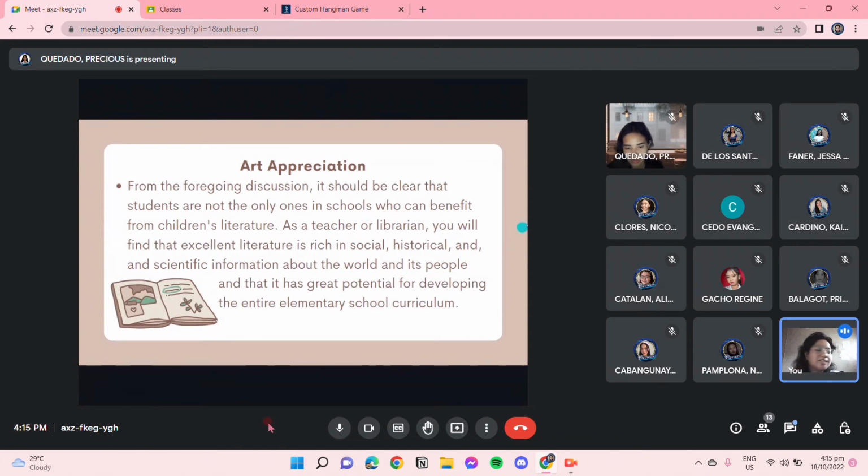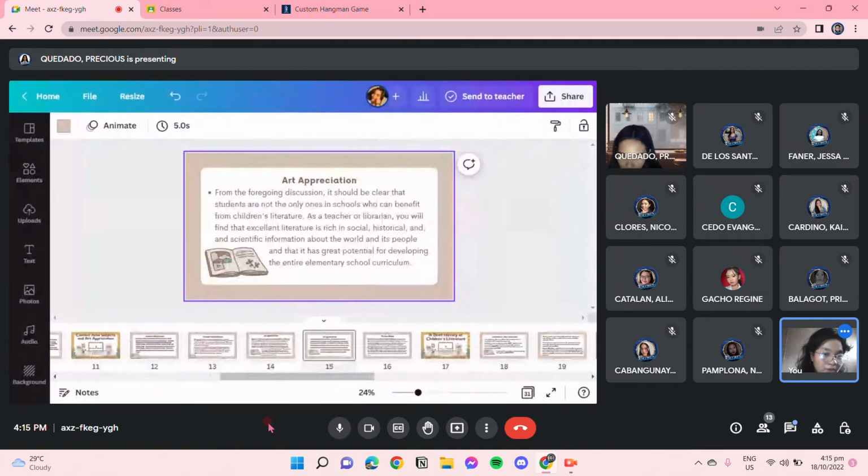It is literal. It is illustrated. Excellent literature is rich in social, historical, and scientific information about the world and its people, and has great potential for developing the entire elementary school curriculum.